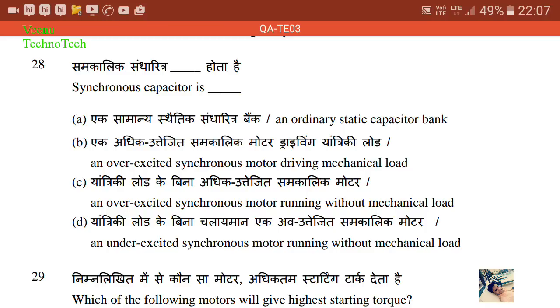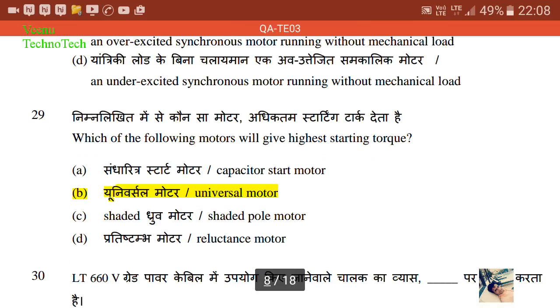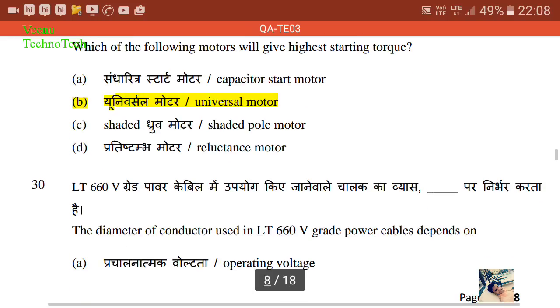Its correct answer is C, overexcited synchronous motor running without mechanical load. Here I also forgot to mark it yellow, but friends, its correct answer is C. Next, which of the following motors will give highest starting torque? Obviously, universal motor. Correct answer is B.